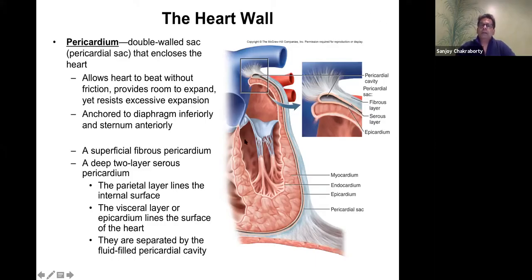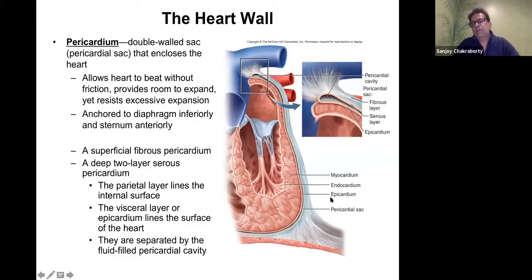So the heart itself has three layers. The wall of the heart has three layers: epicardium, myocardium, and endocardium. The innermost layer is the endocardium. Myo means muscle, so the middle layer, myocardium, is made of muscle.